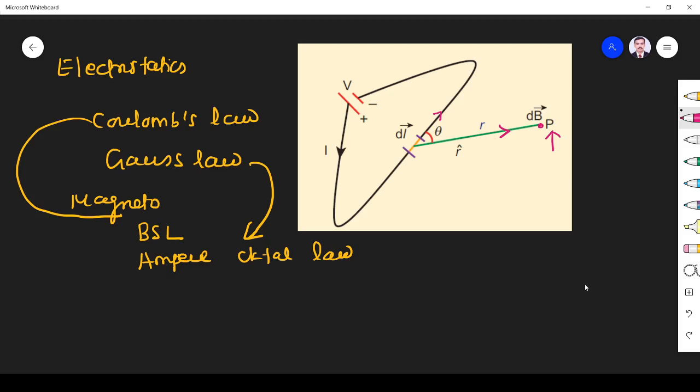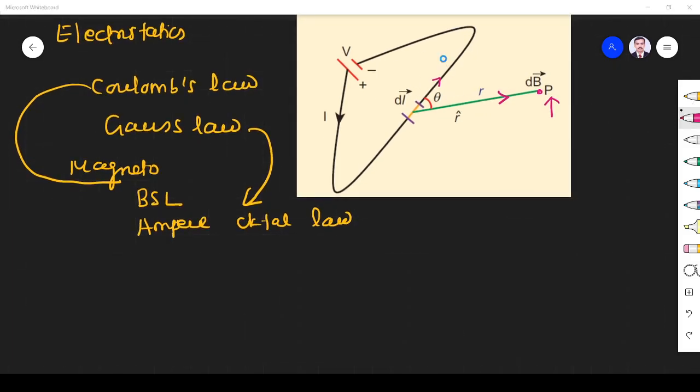Now we will see the statement of Biot-Savart law. Biot-Savart law states that the magnitude of the magnetic field produced by a current carrying element Idl is directly proportional to the current going through the element, directly proportional to the length of the element, and to the sine of the angle between the line connecting the source and field point and the current, and inversely proportional to the square of the distance between the source and the field point.